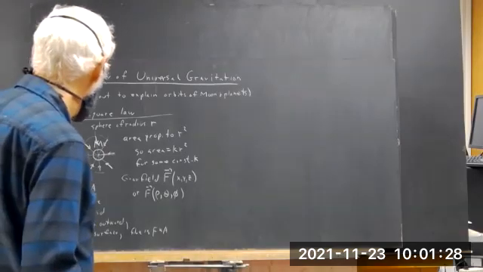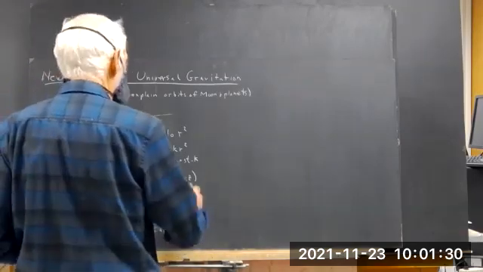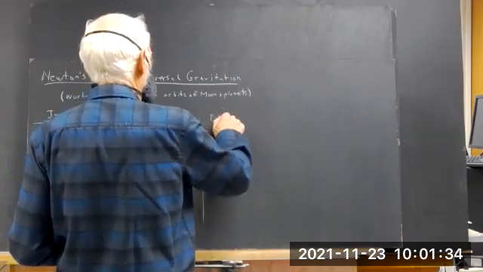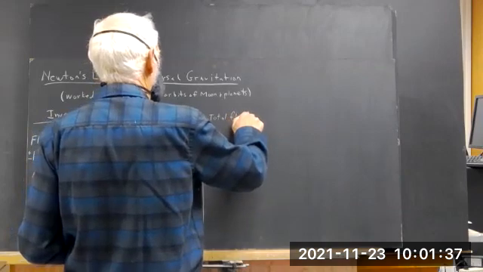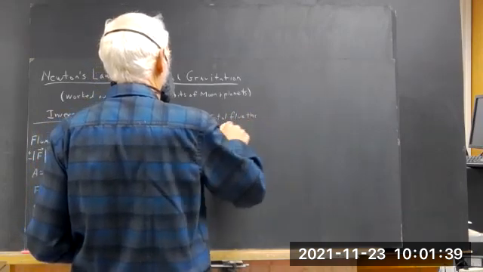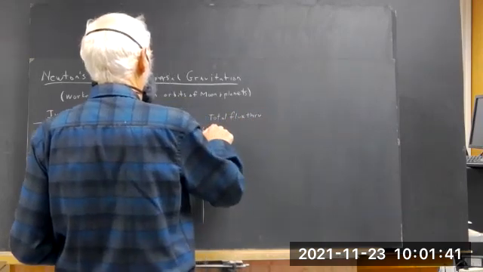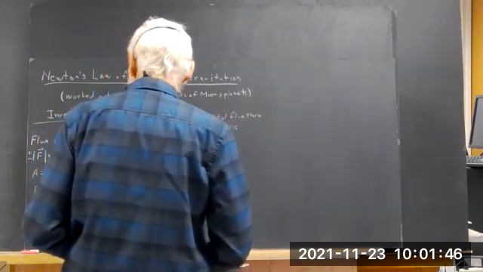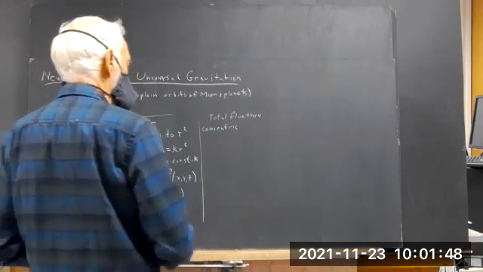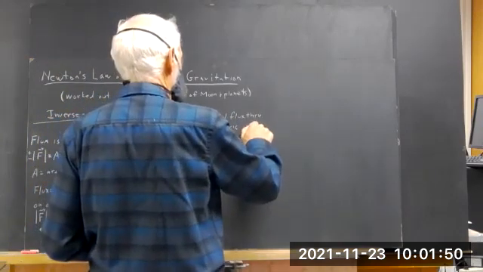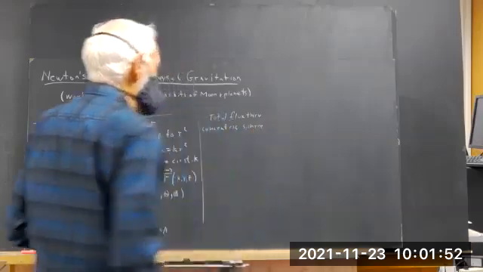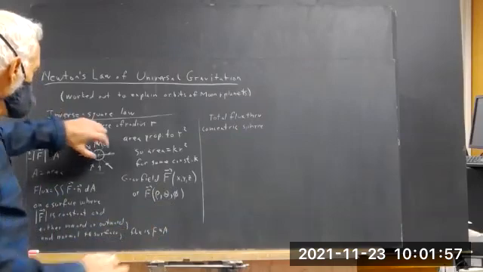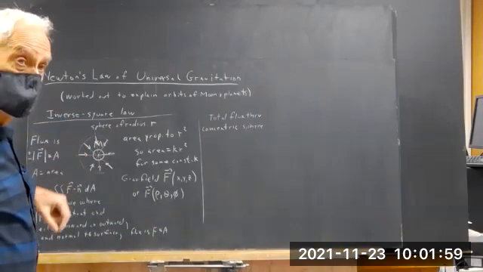We conclude: total flux through a concentric sphere. Now it's a concentric sphere that's outside of the mass distribution.